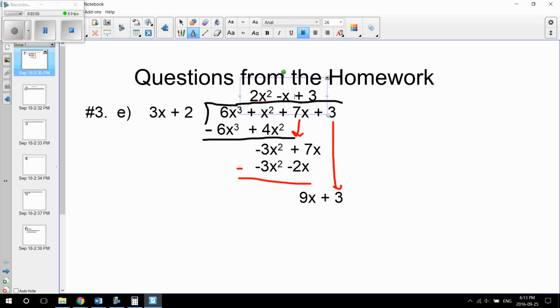And that should just be a plus 3. Multiply out our 3 by our 2, so we have a plus 6. Subtract those out, and we have our negative 3 remainder.